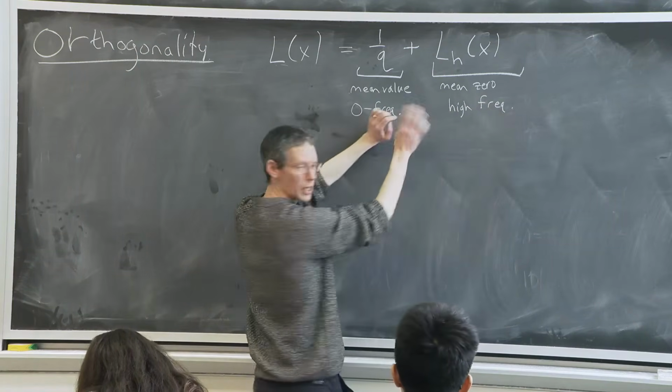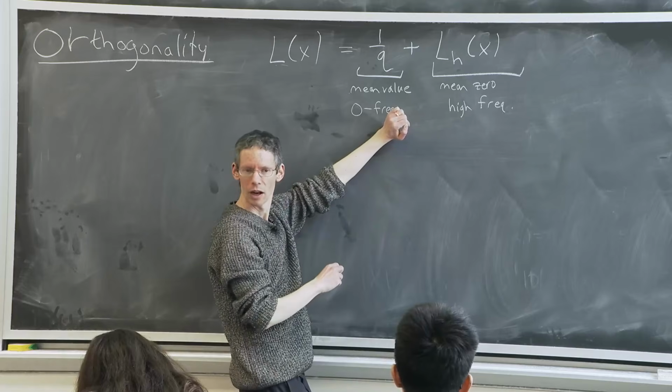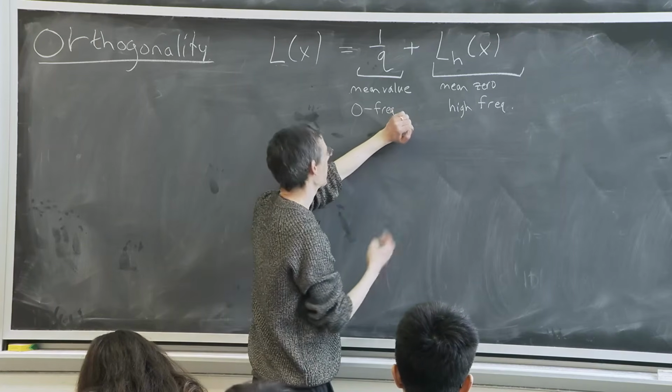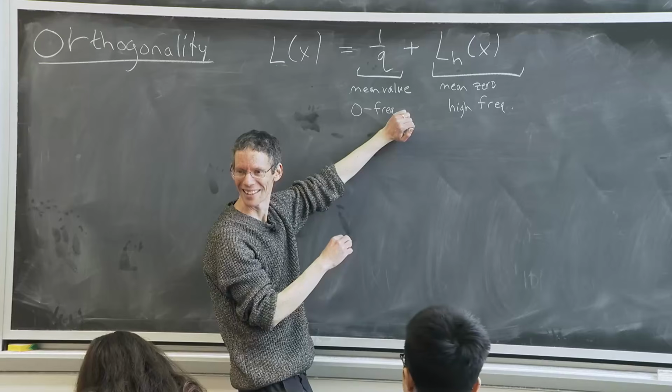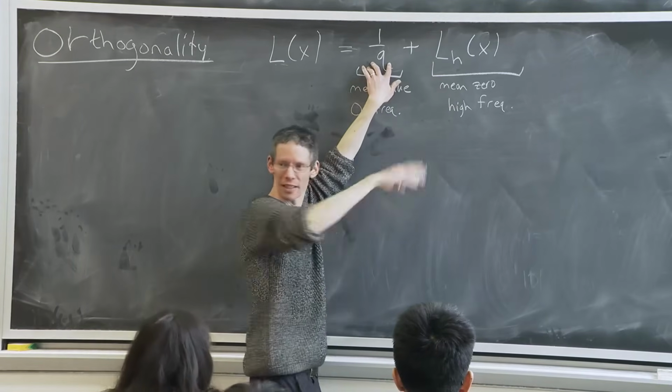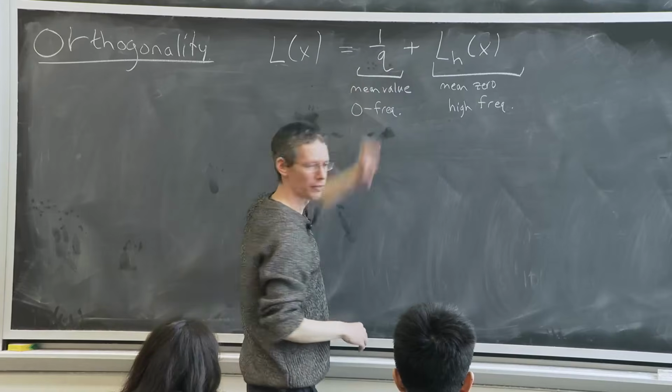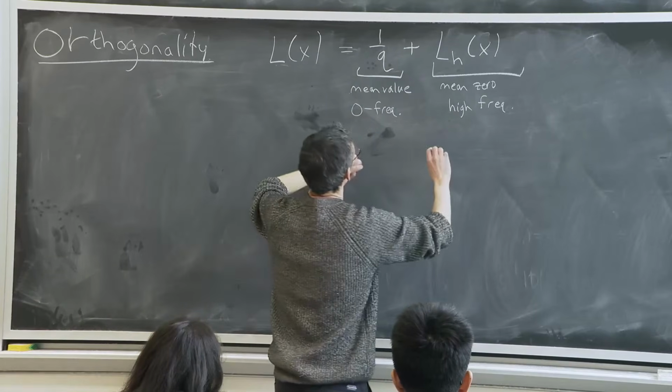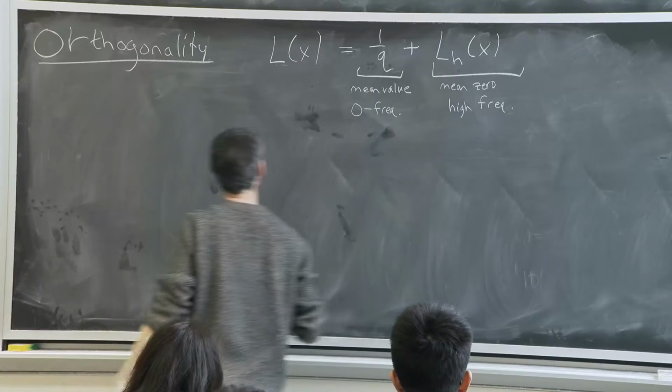We can make that precise a little bit later. But depending how much Fourier analysis you do, you may or may not like this intuition. This is a constant part, and this is like a higher frequency oscillating part. Those are just words. So we decompose it like this.